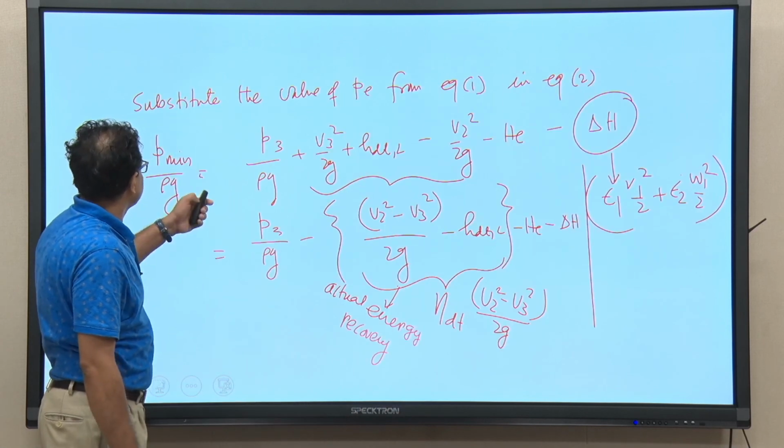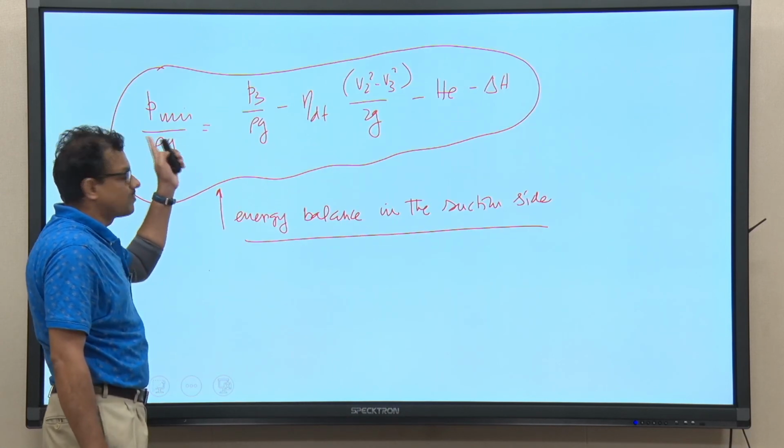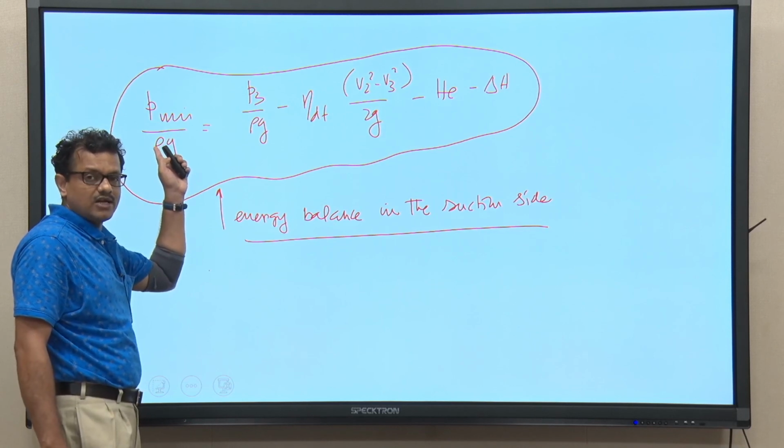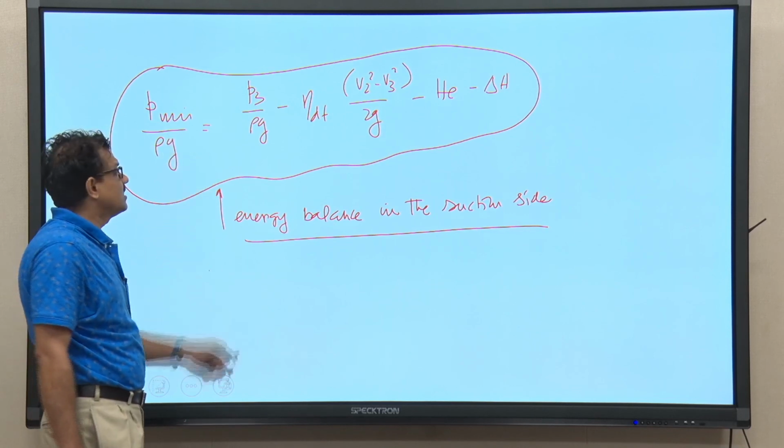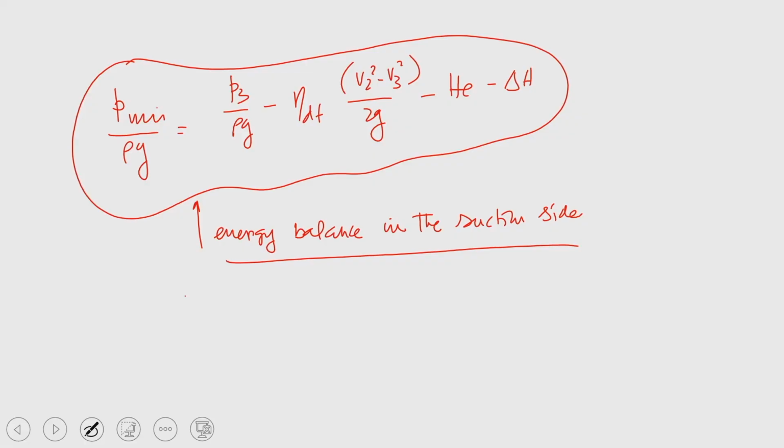From this expression, we have identified the point at which the minimum pressure will be there, and that pressure is P3 by rho g minus eta dt into this, minus H e minus delta H. From there we can tell that if P minimum is greater than or equal to P vapor, then cavitation will not occur.